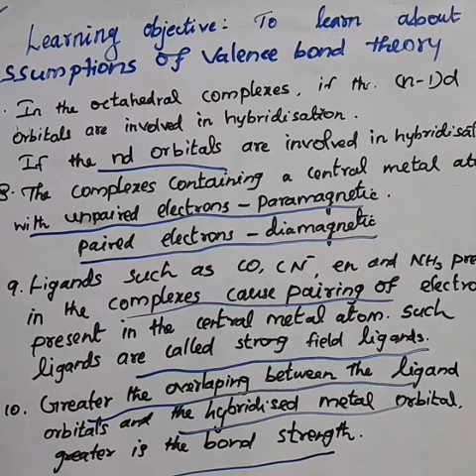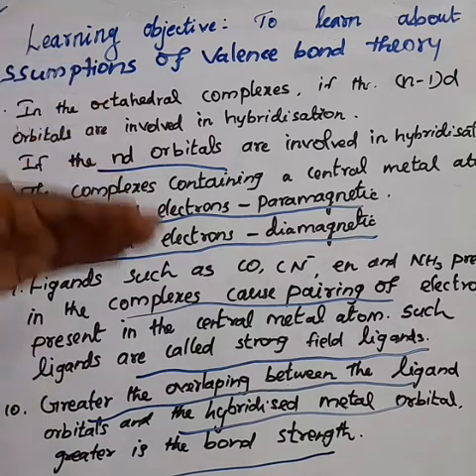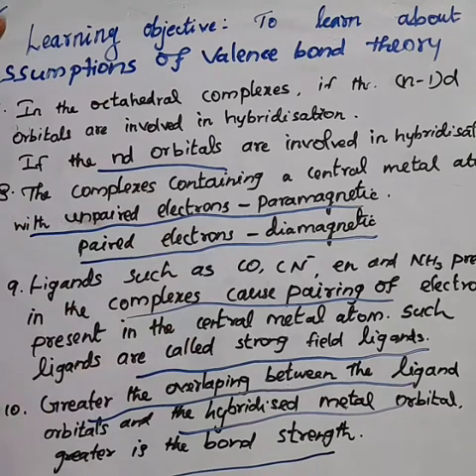Next, hybridized orbitals are directional in nature, and their orientation in space gives a definite geometry to the complex ion. For example, coordination number 2 means hybridization is sp.